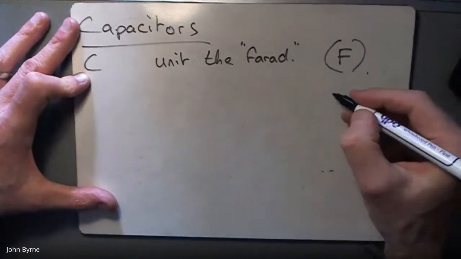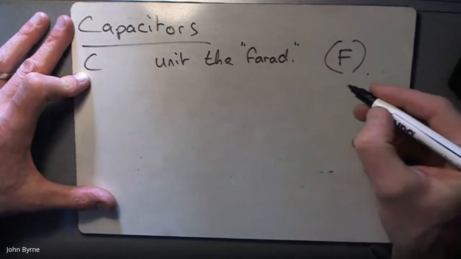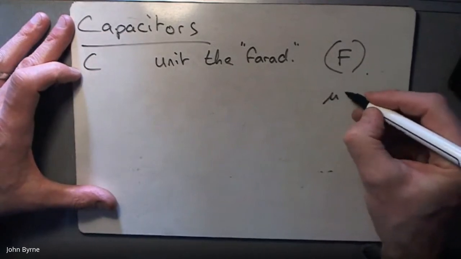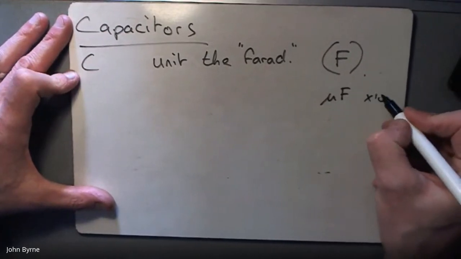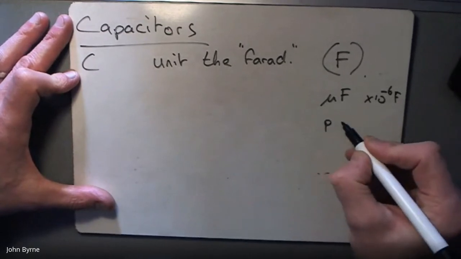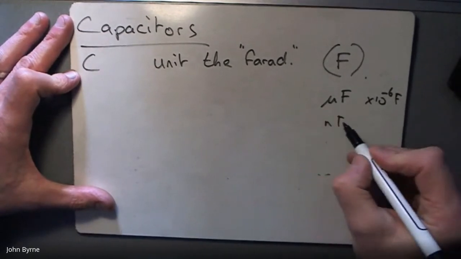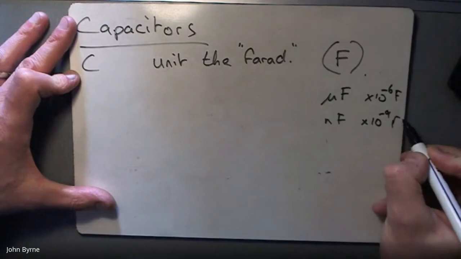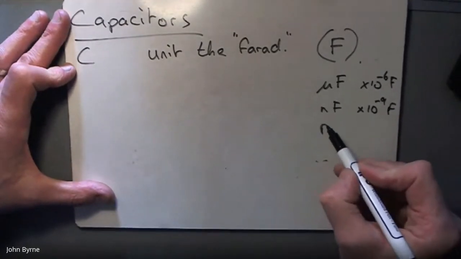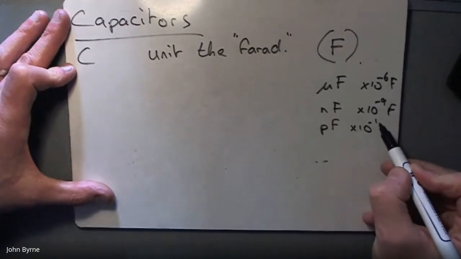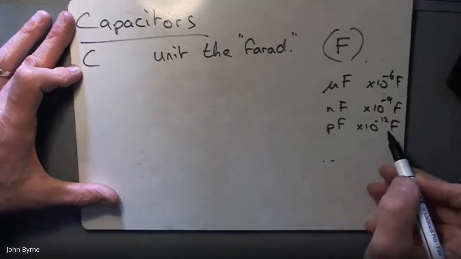So we usually use prefixes. Millifarads, even that's quite big. So more typical is microfarads, which is 10 to the minus 6 farads. Let's go for nanofarads, times 10 to the minus 9 farads. And picofarads, times 10 to the minus 12, in some electronic circuits.